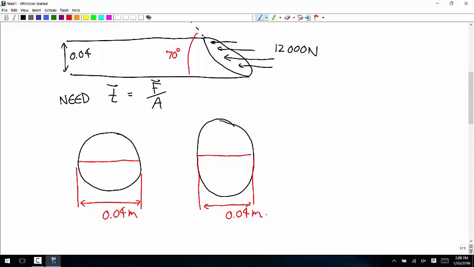And so everywhere that you can measure the distance across on the circle, you can measure that same distance across on the ellipse. It's just stretched out a little bit.